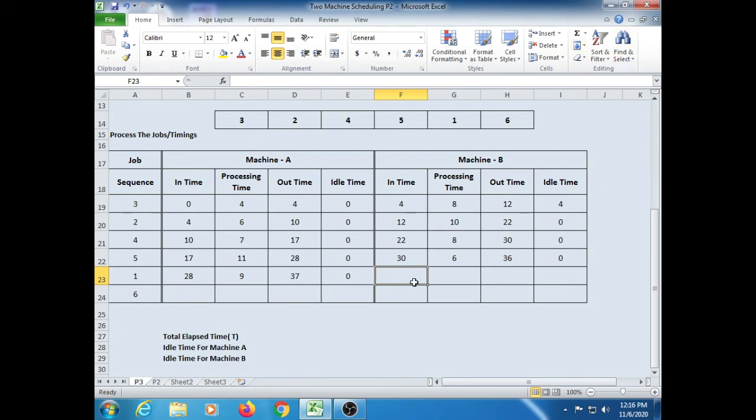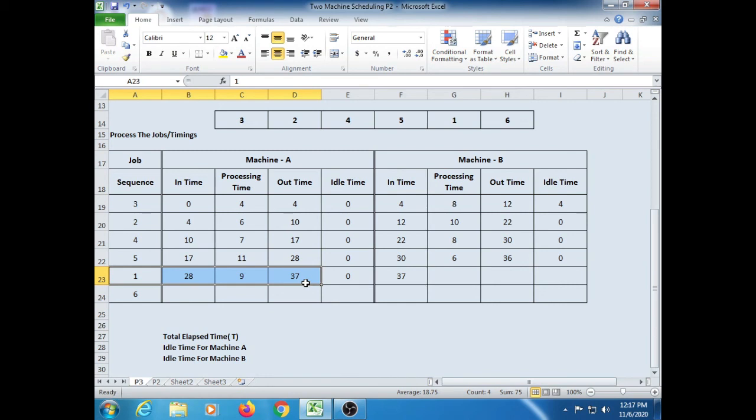Okay, and next, for calculating the in time of the job, we have to take the max of the out time of the previous job on the same machine, and the present job out time on machine A. So we have to compare. Here the machine is ready at the 36th hour, but at the 36th hour we do not have a job to perform.